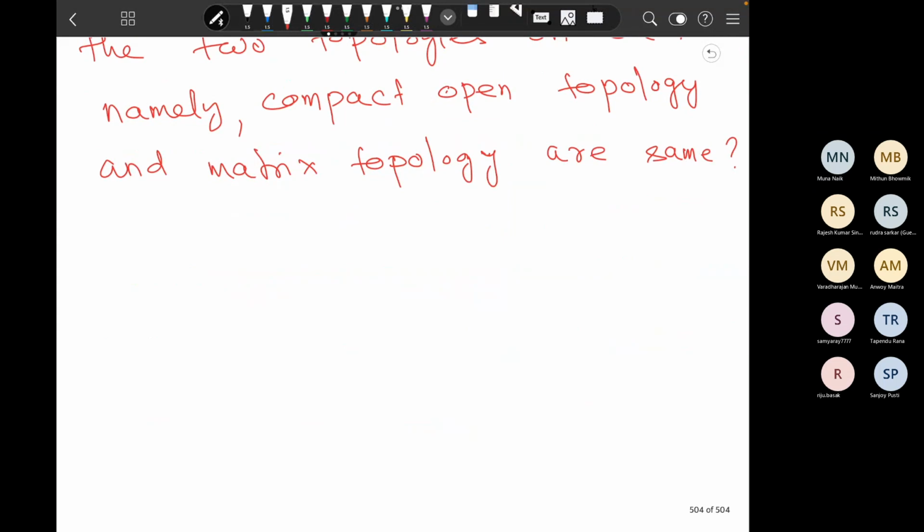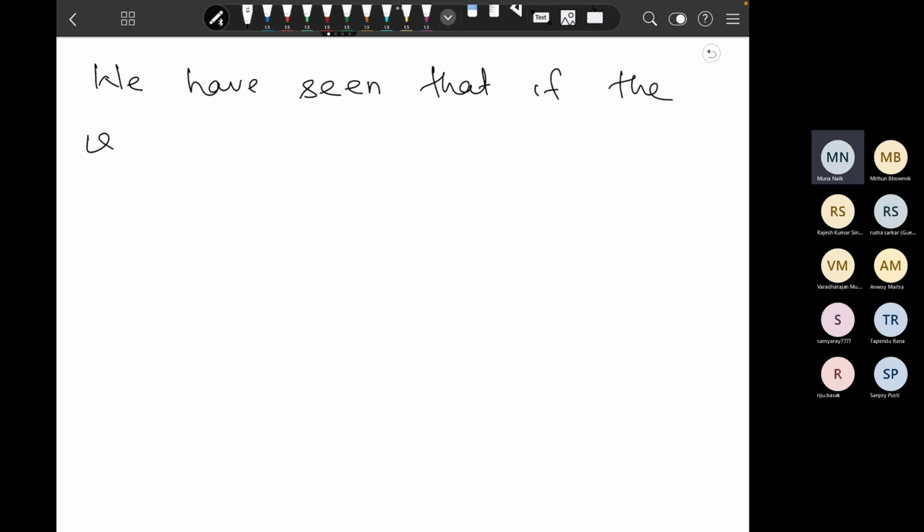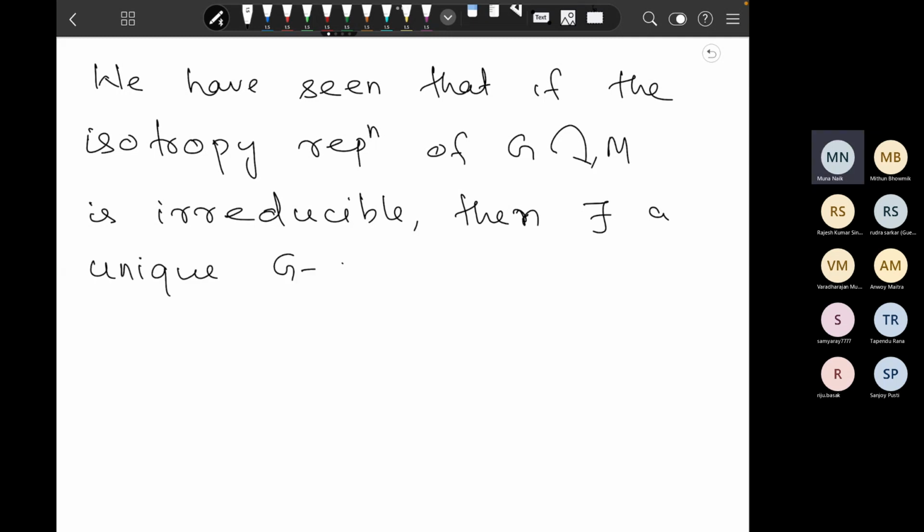So this is the thing. Now we have seen that if the isotropy representation of a group action is irreducible, then there exists a unique G-invariant Riemannian metric on M. We have seen this.